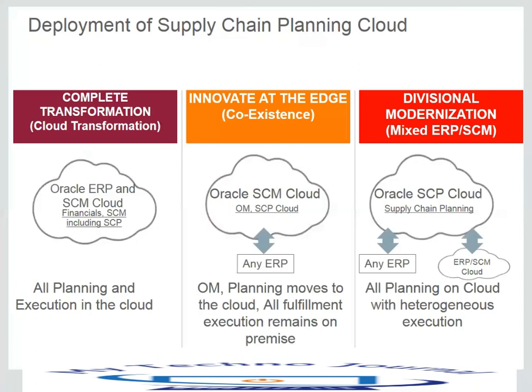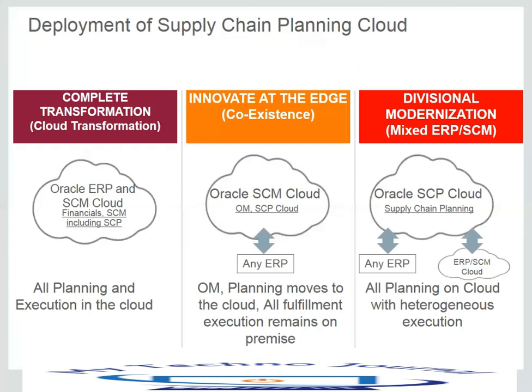In the case of innovate at the edge, talking about coexistence, you can use order management and GOP, because these two are on the cloud, to orchestrate the orders between the different fulfillment systems, and use Supply Chain Planning Cloud to plan for the fulfillment of these orders. It is integrated using file-based data integration, your flat file CSV integrations, and you slowly move execution to the cloud.